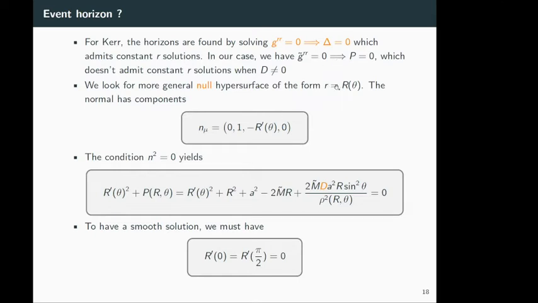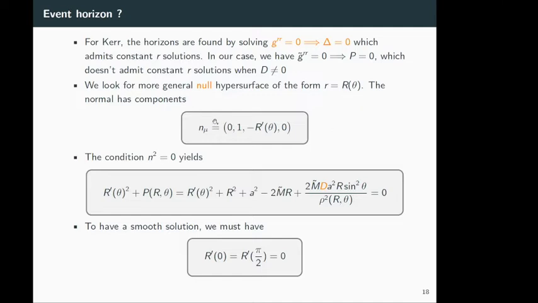And this is actually a mistake that's made often in the literature. I've seen a few papers where they do this. They just think that to find the event horizon, you have to solve this equation. But this is only true if in the end you actually get constant r solutions. So in our case, we don't. So you have to consider more general profiles like this, so theta-dependent surfaces.